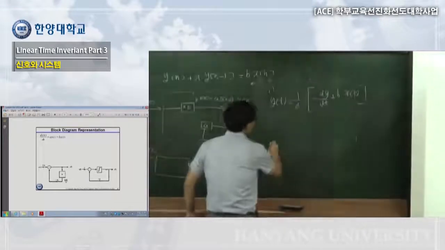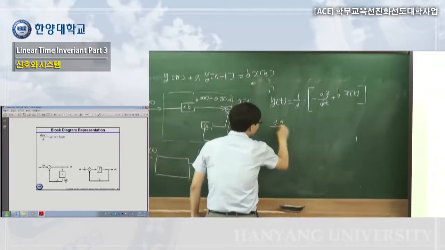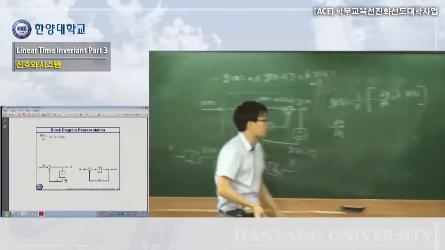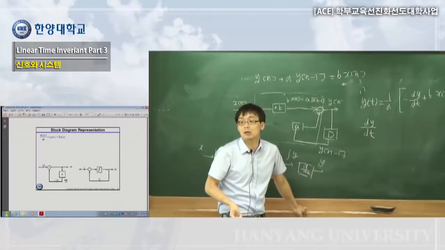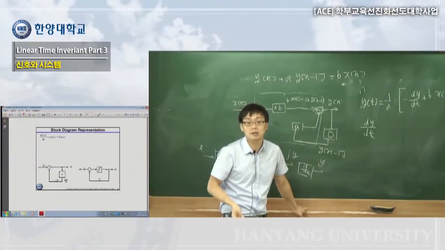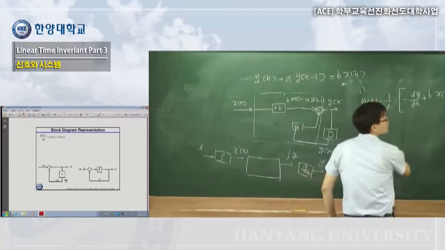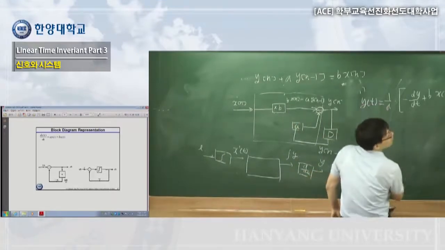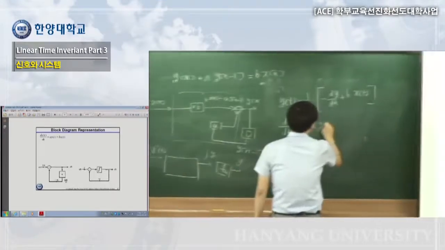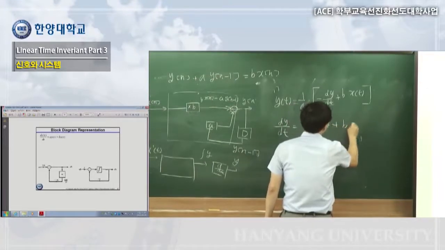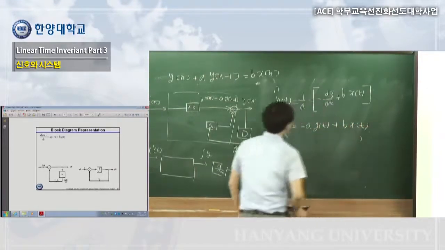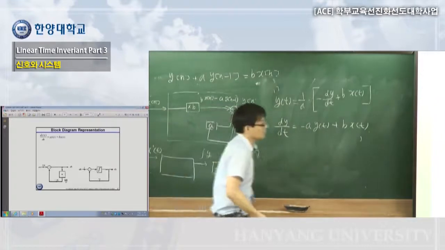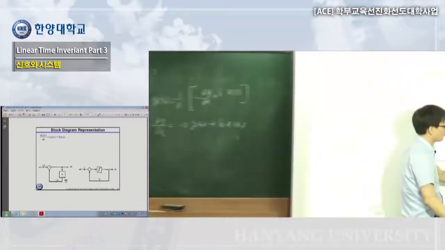Now we assume, what is dy dt? That is our output in this case. To get this, what is it? Minus a y(t) plus bx(t). Right? So this is what the second one shows.